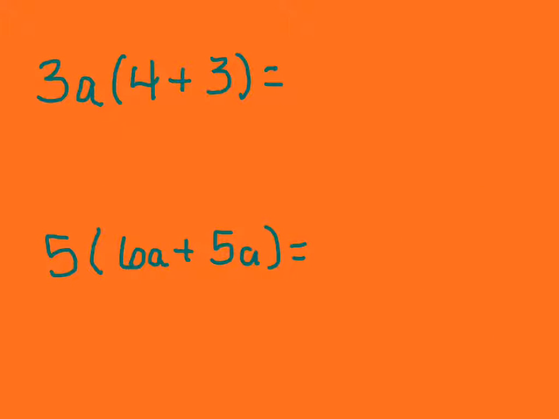Okay, so here's 3a times the quantity 4 plus 3, and if we were to use the distributive property here, I'm going to change colors. So let's distribute the 3a. So what we're going to do is 3a times 4 plus 3a times 3.